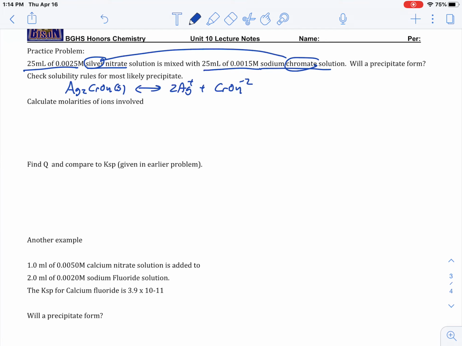Okay, we need to calculate the molarities. So for the first, 0.0025 molar times 0.025 liters is 6.25 times 10 to the minus fifth, and that's moles of silver nitrate.